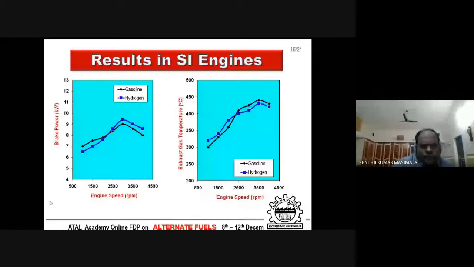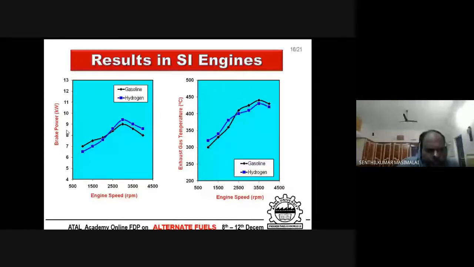This is the engine where the speed was varied, and gasoline and hydrogen were used as the fuel. If you look at this figure, this first one is brake thermal efficiency. This is not brake power, it is brake thermal efficiency, and you have to multiply this one by 2.